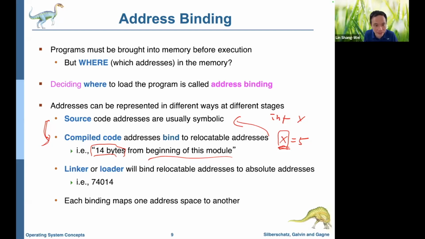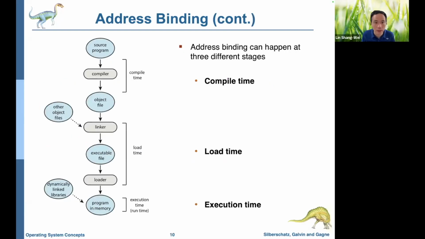So this address will be translated into a real address number. So you can see that this address binding would happen in different phases, and it will be translated from one to another. Let me show you an example step by step.